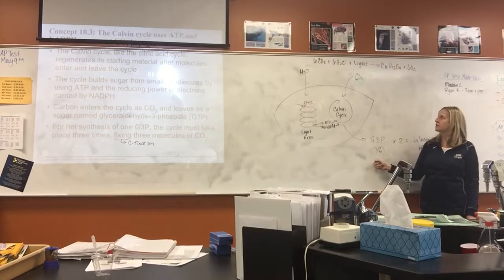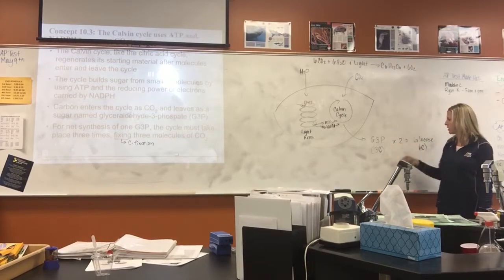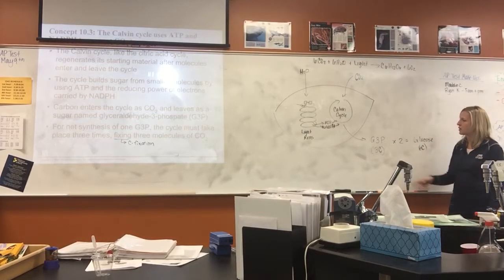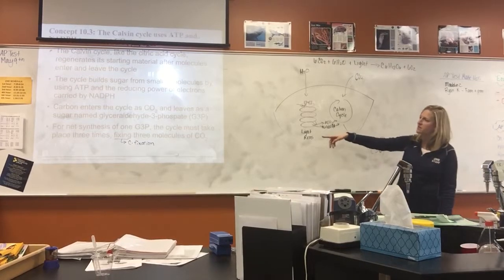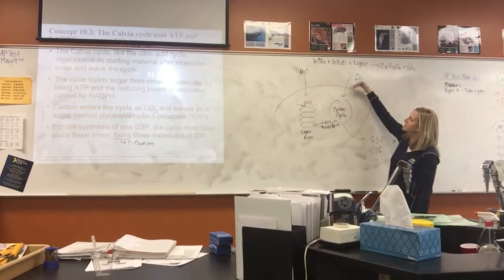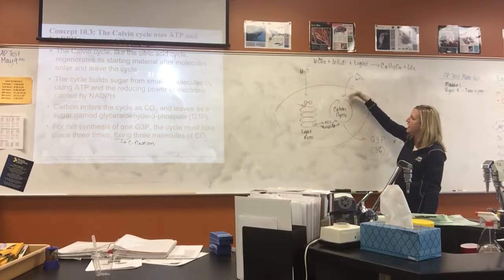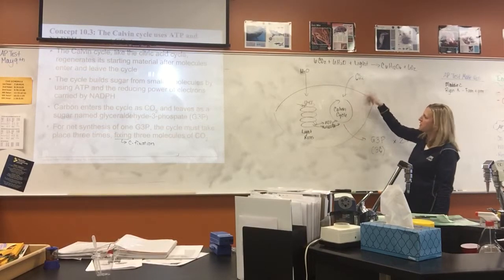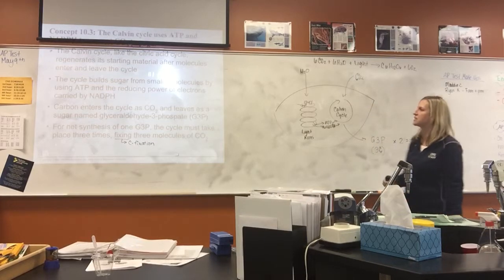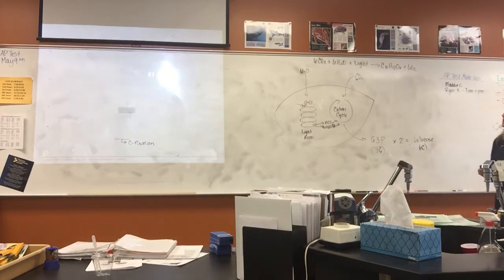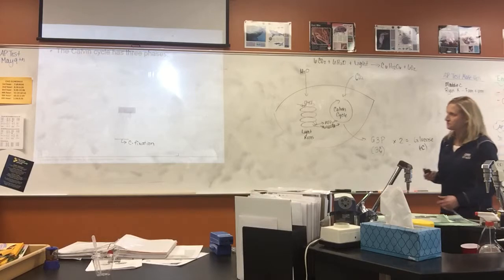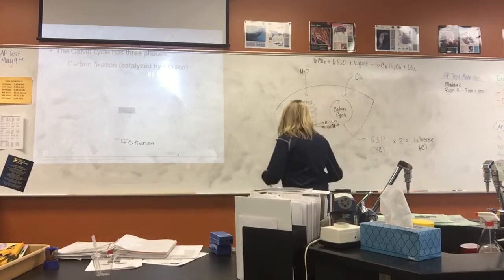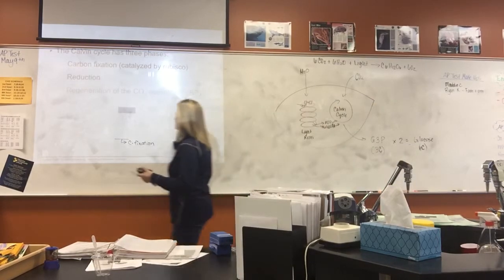And ultimately we need 6 carbons to get your glucose. The cycle takes place 3 times because the CO2 enters one at a time. Each time you get 1 carbon, so you have to have 3 turns of the Calvin cycle to get 1 G3P molecule.